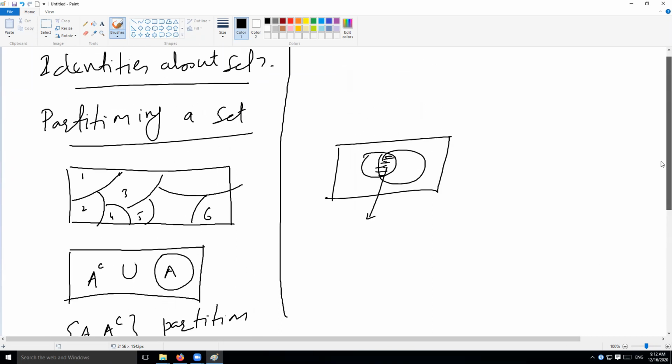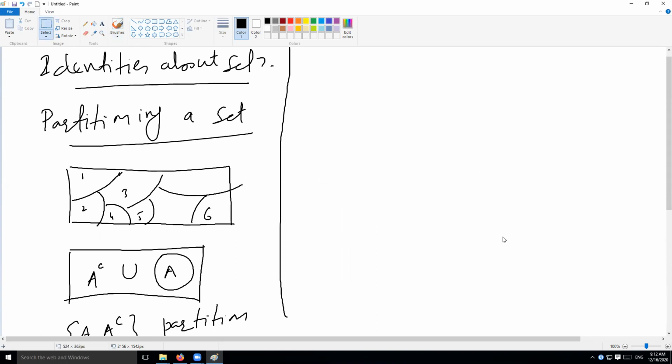So let me write a formal definition. Here's a definition.